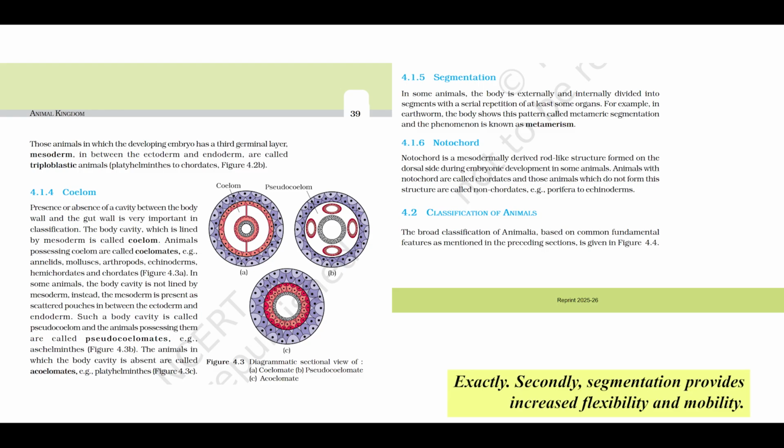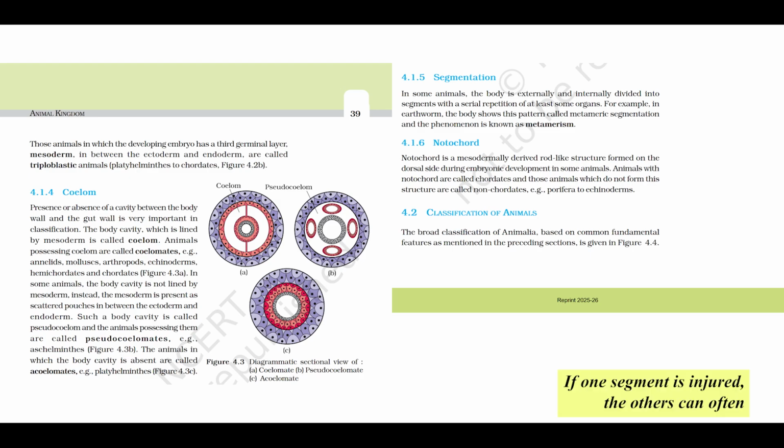Exactly. Secondly, segmentation provides increased flexibility and mobility. Each segment can move somewhat independently, controlled by its own muscles, allowing for more complex and precise movements. Think of the wave-like motion of an earthworm burrowing, highly effective. More control. Yes. Thirdly, it offers redundancy and resilience.